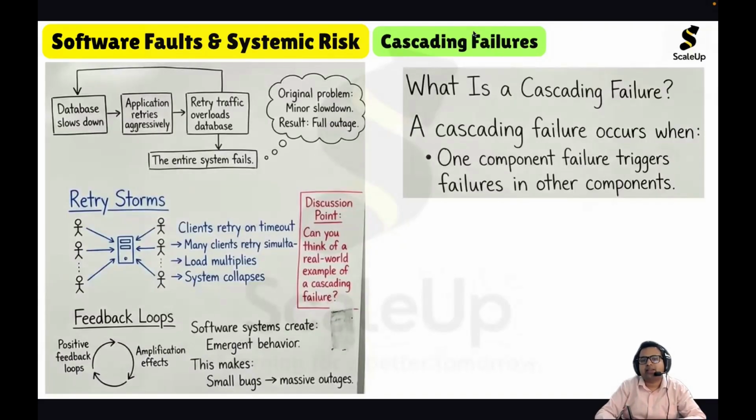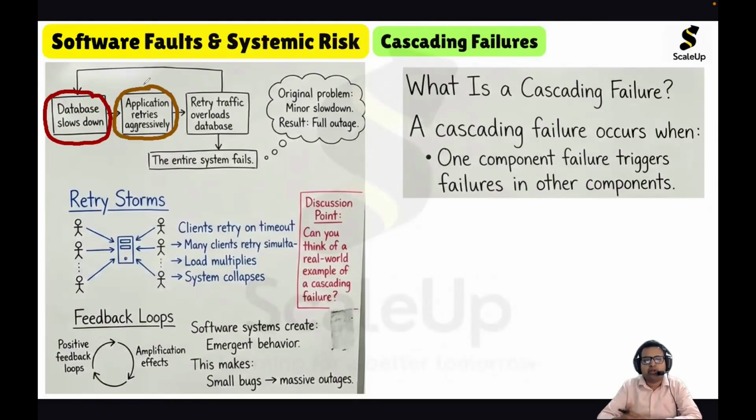Let us look at some example scenarios. If the database slows down, the application will keep on retrying aggressively, because the application wants data. Now the database is slowed down, so there is some latency, and the application is sending requests, querying the database, but not getting the response.